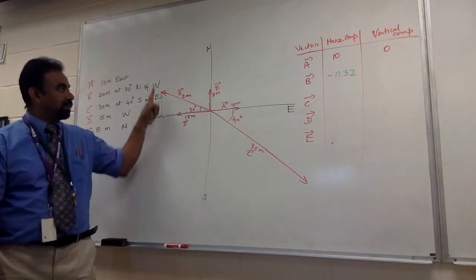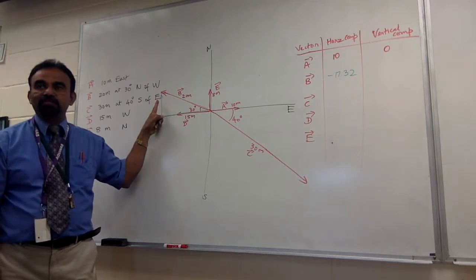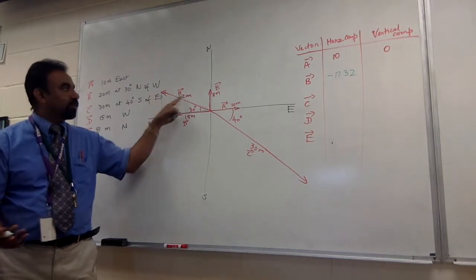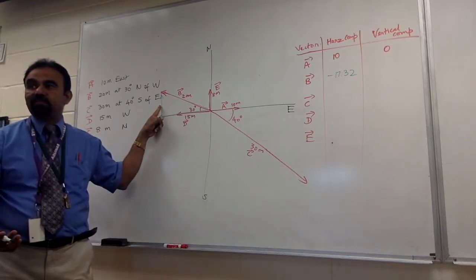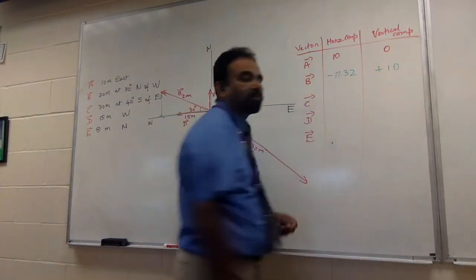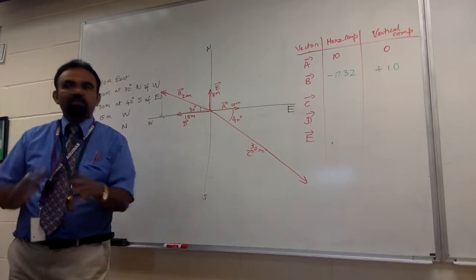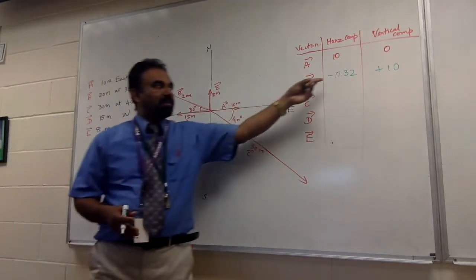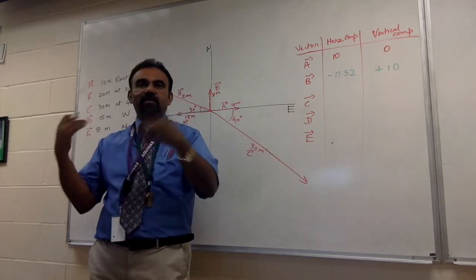Is that the opposite component or the adjacent component? Which is sine. So what is 20 sine 30? Positive, negative? Positive, it is going up. So positive 10. Now let me remind you, if at all someone is going wrong, it is right there: forgetting to put the minus sign when it's going back.